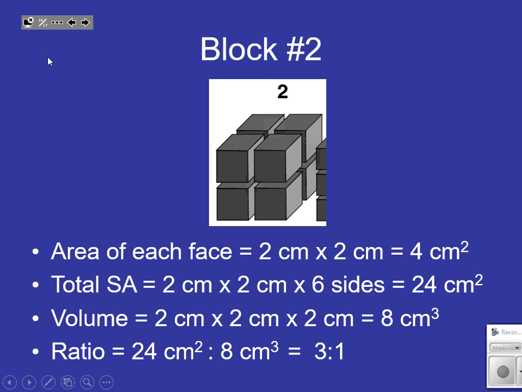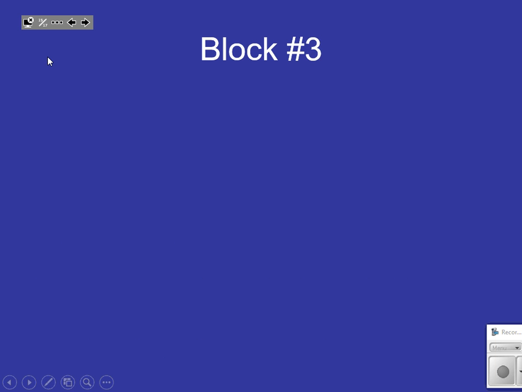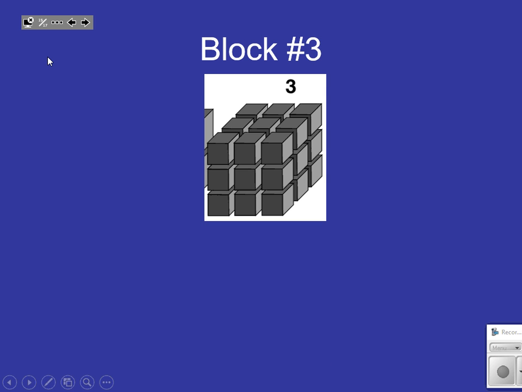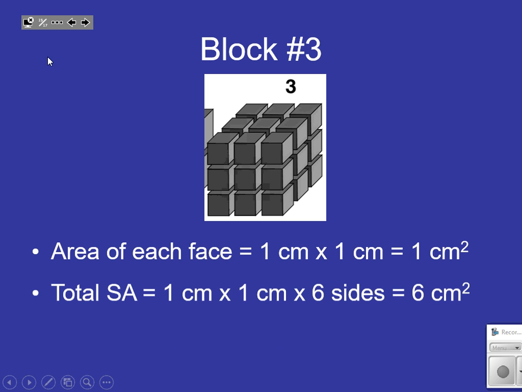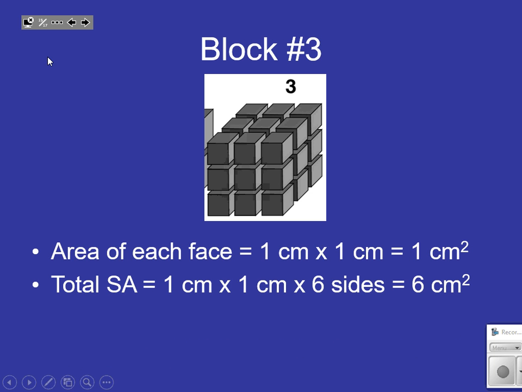Now let's look at our third block, our smallest one. This is a 1 centimeter block. So the area is 1 times 1, which is 1 centimeter squared. I multiply that by 6, and I get 6 centimeters squared.